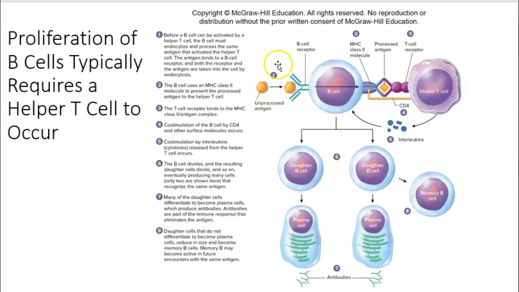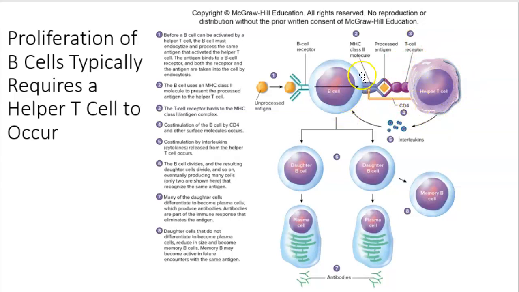They're going to take a foreign entity, bind it to the B cell receptor, bring it in via phagocytosis, chop it up, and display it on the surface via a class II molecule. The activated T cell that's already been activated by an antigen presenting cell comes and binds to that processed antigen, so they both have to be specific for this antigen. The helper T cell comes and binds to that antigen.